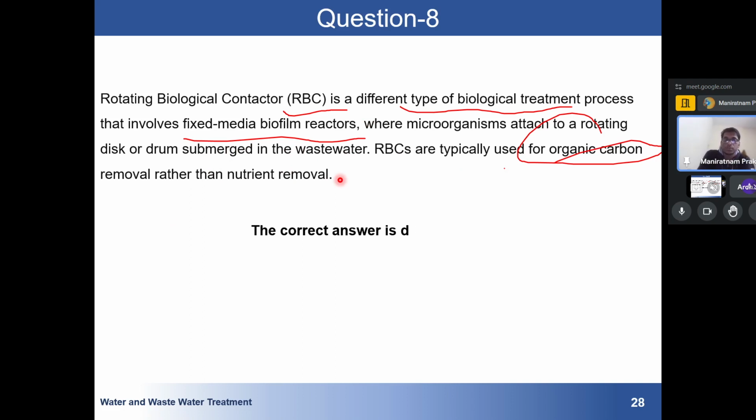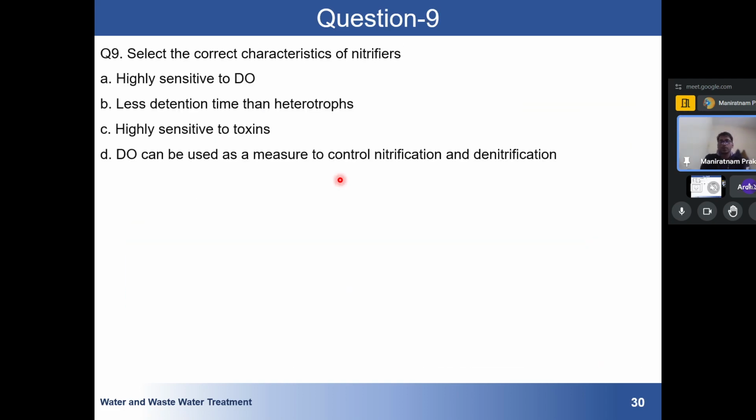When we talk about nutrient removal, we also talk about nitrogen and phosphorus removal. Removal of nitrogen and phosphorus is a very different thing. For nitrogen we need nitrifiers and denitrifiers, and for removal of phosphorus there is a different technique. Okay.